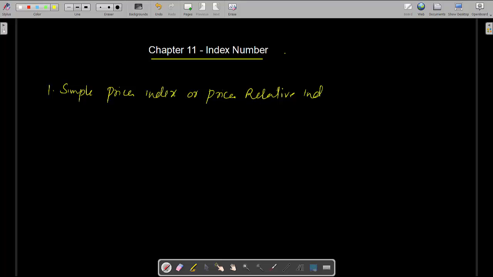Now the formula to calculate price relative index is very simple.